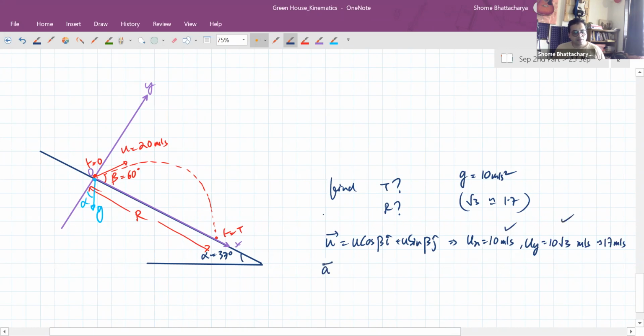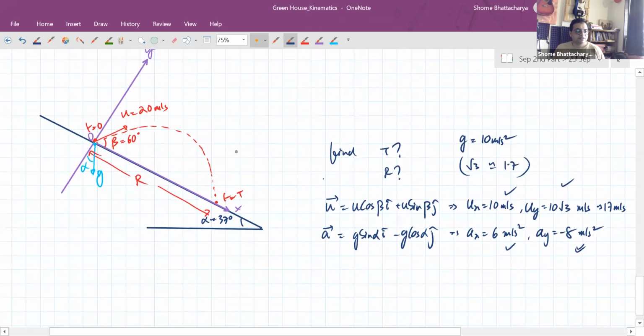Similarly, our acceleration is having a component of g sin alpha i cap and minus g cos alpha j cap. So x component of acceleration is becoming g sin 37, so 6 meters per second square, and y component of acceleration is becoming minus 8 meters per second square. Okay. So these two values become important.